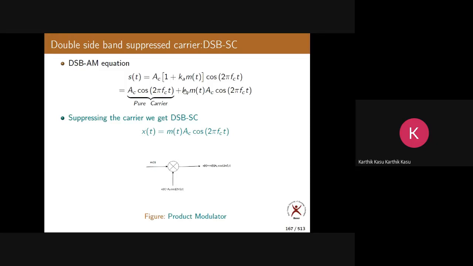So what is the importance of Ka in AM actually? What is the mu formula in general? A basic formula I told you: A into AM.